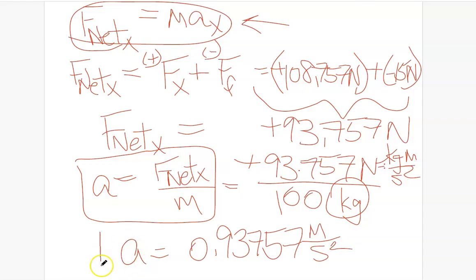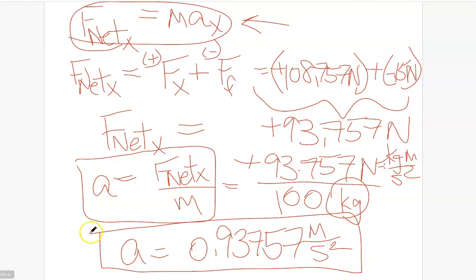No, you just need to remember that all accelerations are going to be in meters per second squared, and this is a positive acceleration. How do you know? Because they're being pulled to the right, and they're increasing their speed to the right. And if you want, because we've got so many extra digits here, if you rounded this to 0.94, that would be perfectly acceptable rounding for your final answer. And that's it.